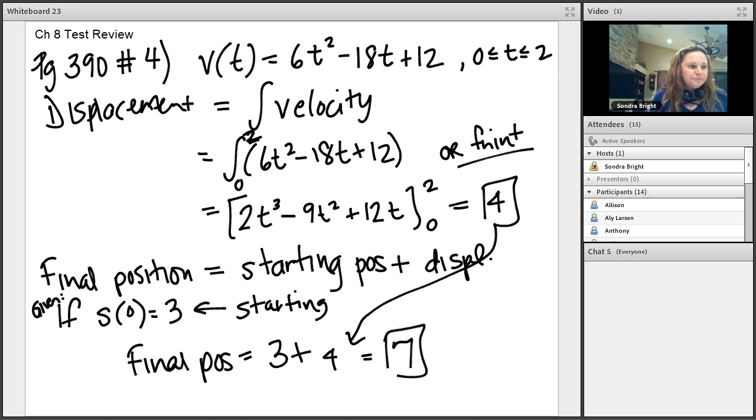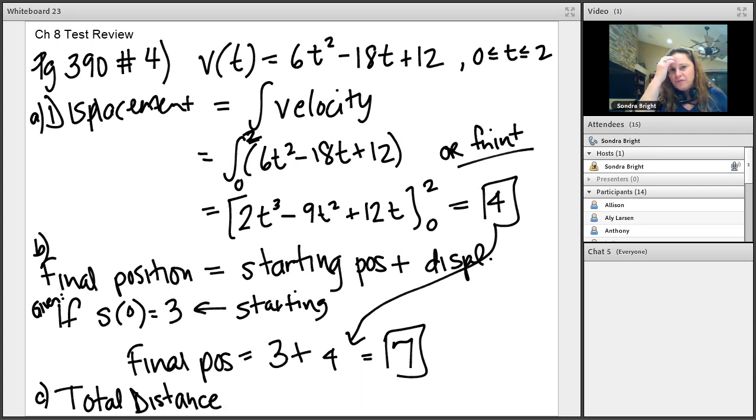And then if they ask you for, so here I'm just going to call it A, B, C. It may not match up to the book's directions, but we don't care. You care about what you're going to see, right? What about total distance? Remember, displacement is how far from the original spot that you moved. Total distance is something different. That's when you're going to integrate the absolute value of velocity.